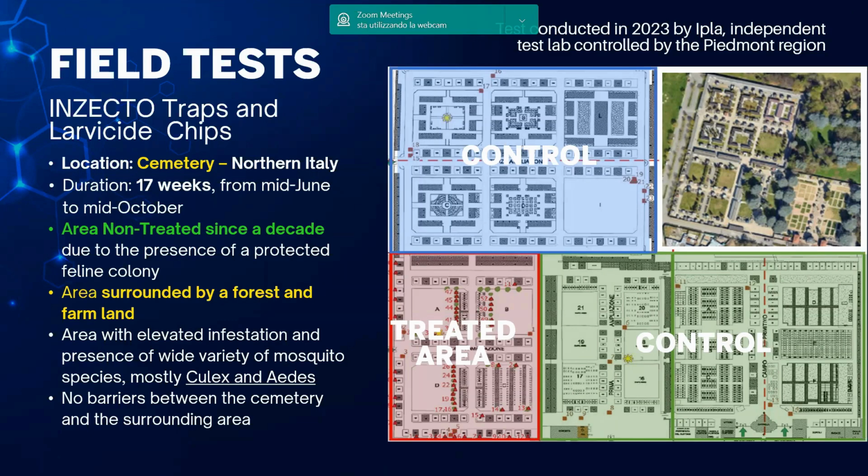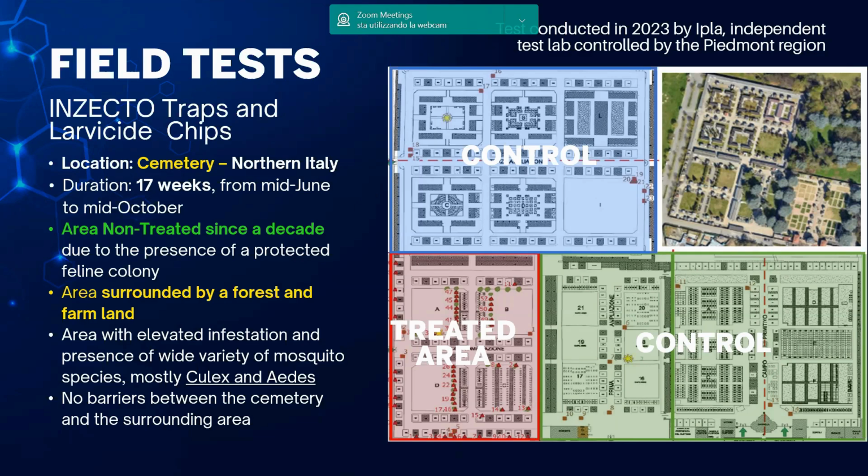To make things more complicated, this cemetery hosts a feline colony, and therefore the municipality has forbidden the use of insecticide and treatments for several decades, actually. So this is exactly the kind of nightmare that pest control might face.